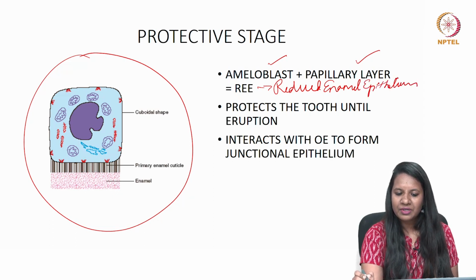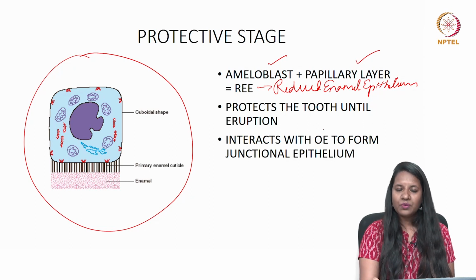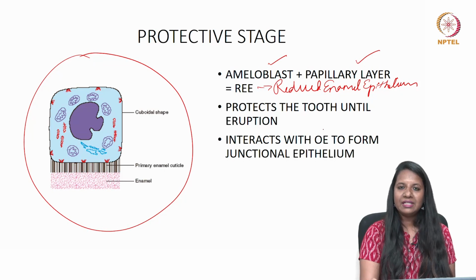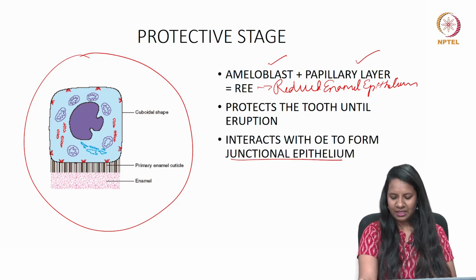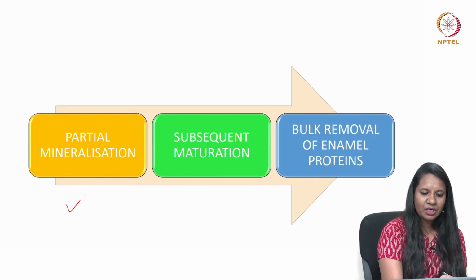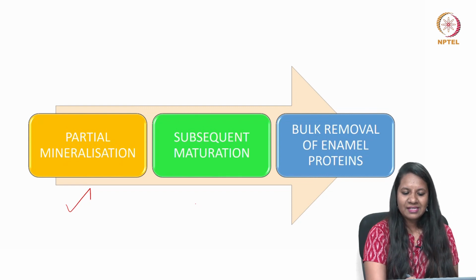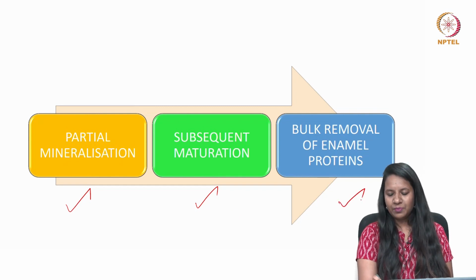It is protected until the tooth erupts into the oral cavity, and once it erupts into the oral cavity, it interacts with the oral epithelium to form something called junctional epithelium. Hence, amelogenesis is nothing but initial partial mineralization and subsequent maturation with the increase in the width of the crystals with bulk removal of enamel proteins.